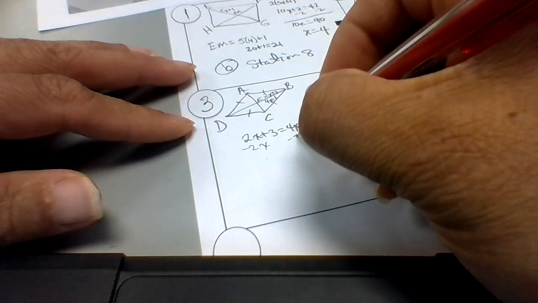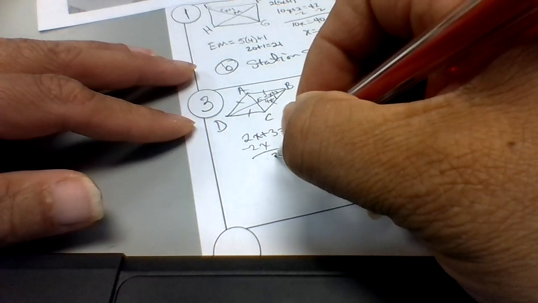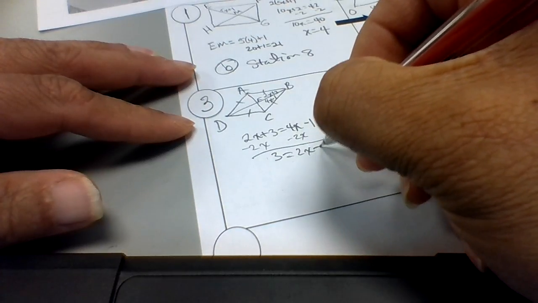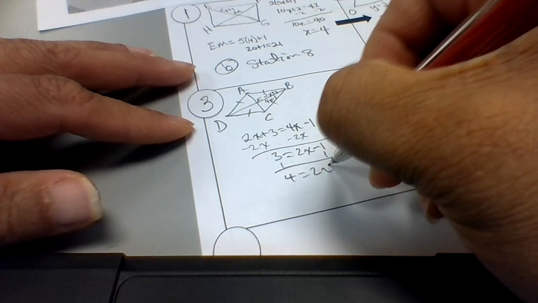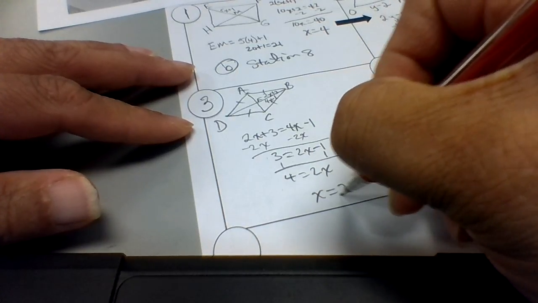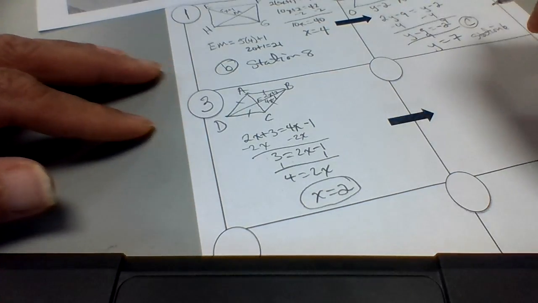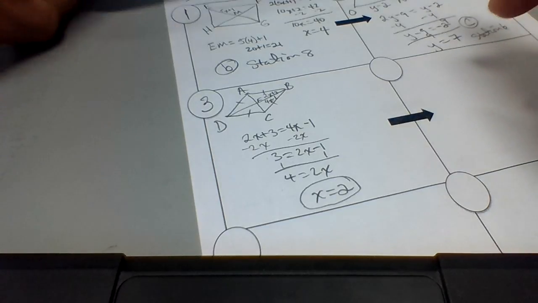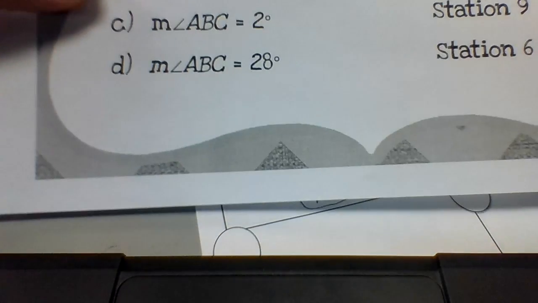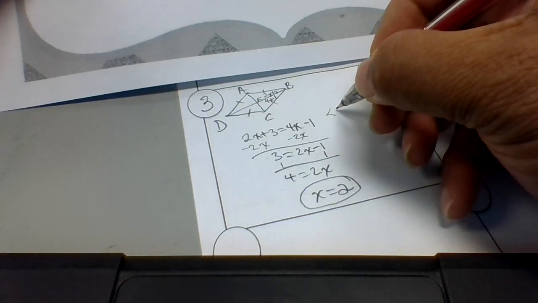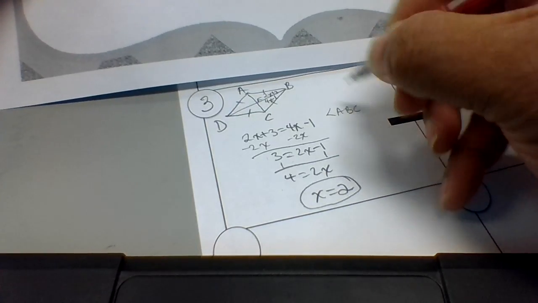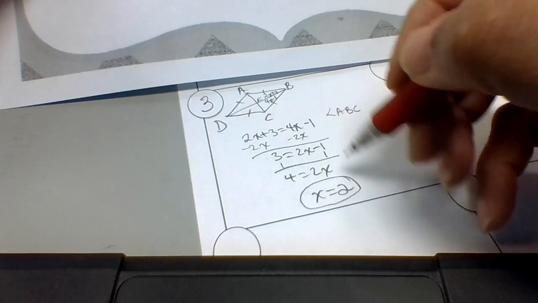Subtract 2x. So 3 is equal to 2x minus 1. Add 1, add 1. 4 is equal to 2x, so x is equal to 2. And looking at the answers, I got to find angle ABC.